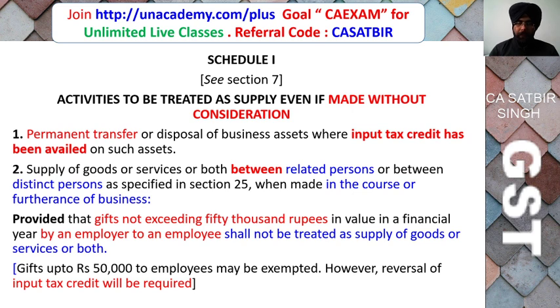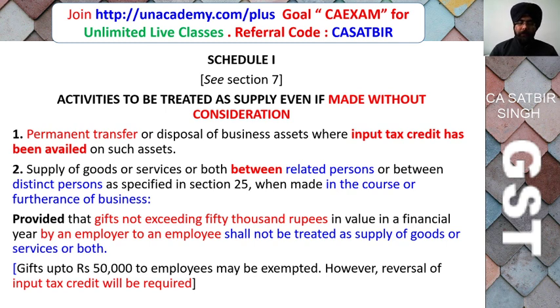Provided that a gift not exceeding 50,000 rupees in value in a financial year by an employer to an employee shall not be treated as supply of goods or services or both. So friends, if the employer provides a subsidy to the employee, it is termed as supply even if no consideration is charged. But when the employee provides a subsidy to the employer, it is not supply under GST, and so GST is not required to be paid.